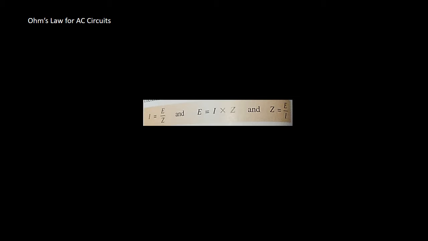Z is used in place of R. Z represents the total resistive force opposing the current. Therefore, as shown on the screen, current equals voltage divided by Z, or I equals E divided by Z, and E equals I times Z, and Z equals E divided by I.